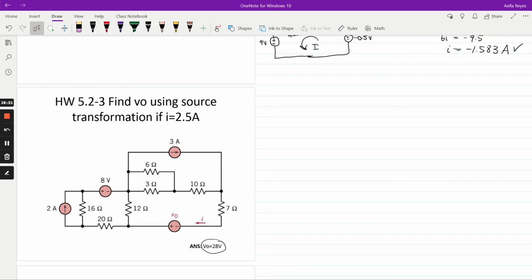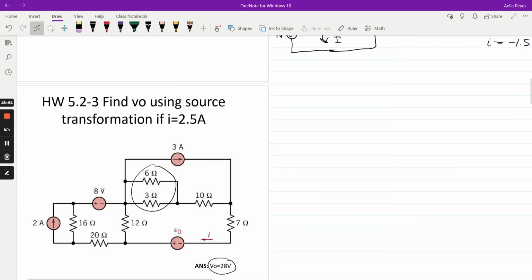So first things first, you kind of want to combine things that you can combine already. The first thing that goes to my mind are these resistors. So you want to combine those first, and then once those become series with this 10 ohm, combine that. To find the combination of these resistors, you want to take the inverse of their individual inverses, and that's going to be 2.5.